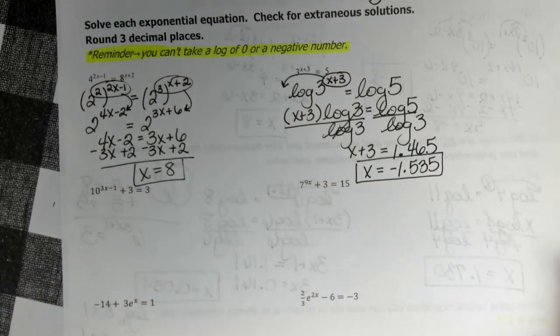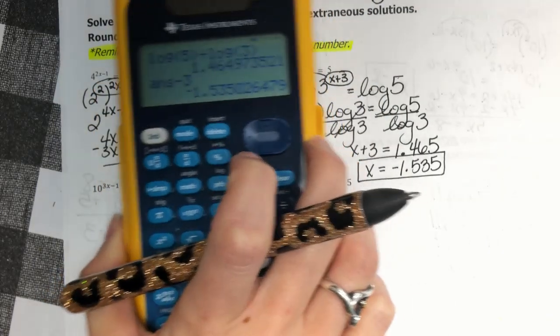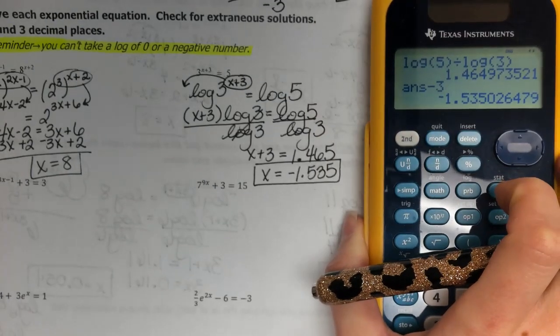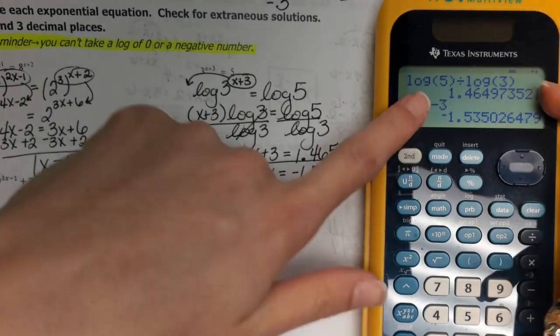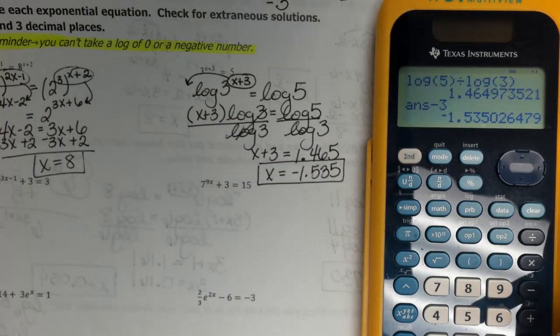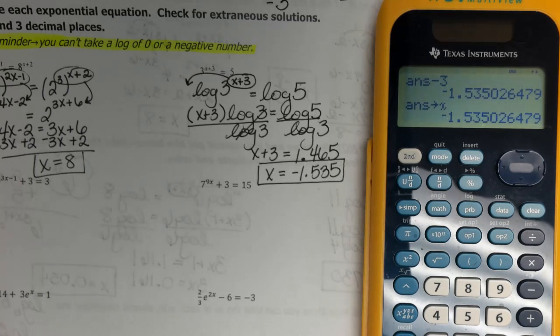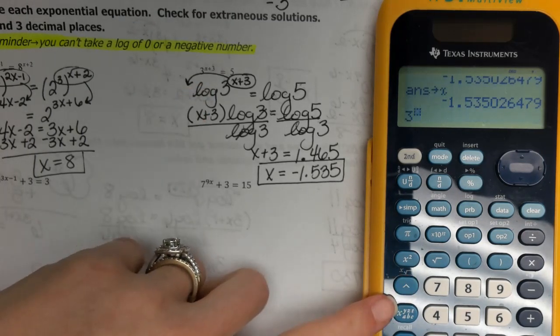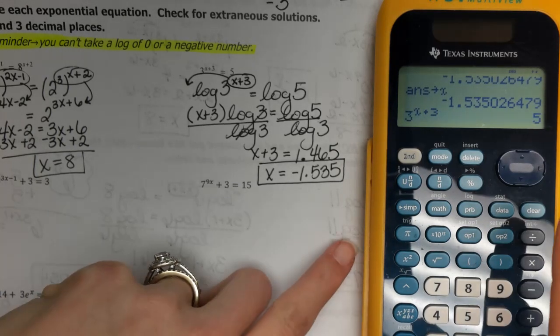So when you check it, I'm going to show you the difference here. I have my long number that I never cut off in my calculator. If I just stored that for x, and I were to type 3 raised to the x plus 3 power, I get my 5.